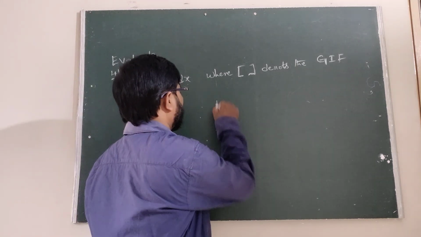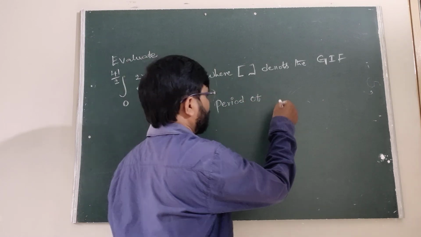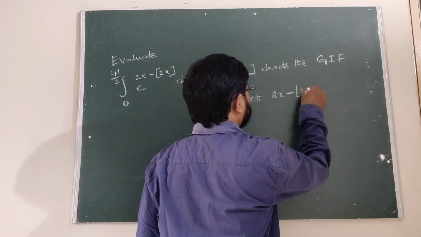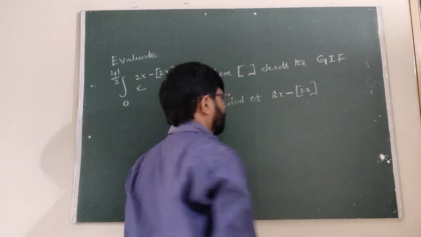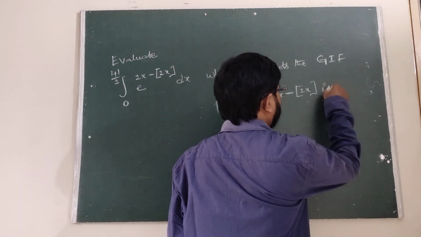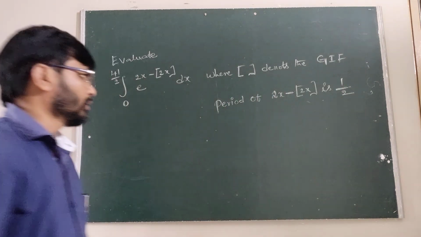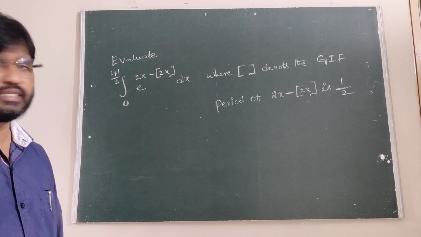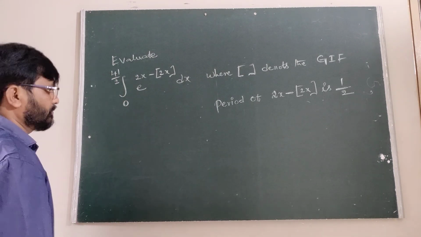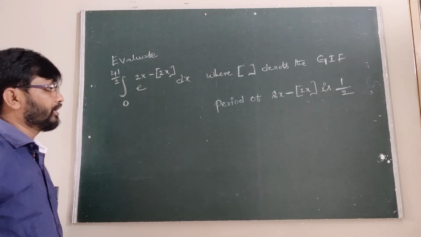Therefore, the period of 2x minus step of 2x is 1 by 2. That means 1 by a. Therefore, now we take 1 by 2 as the period of this one.